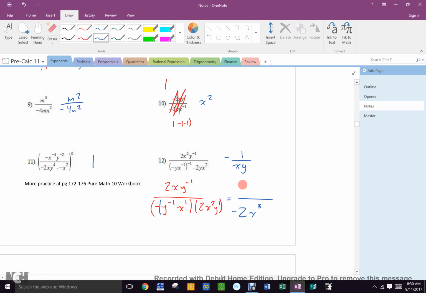The top is 2x squared y to the minus 1, right? Okay, split it up, numbers with numbers. What's 2 divided by negative 2? Negative 1, got it right there, yes? X squared divided by x cubed. That is x to the 2 minus 3, yes? Which is x to the negative 1. Is that allowed? No. So down to the denominator, there it is.